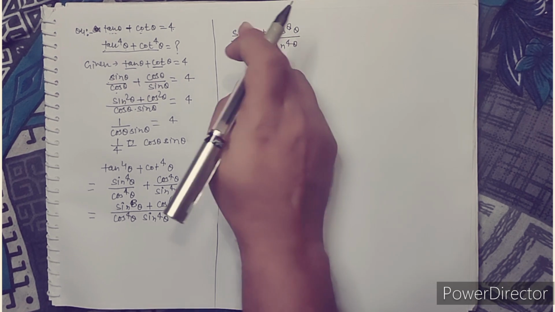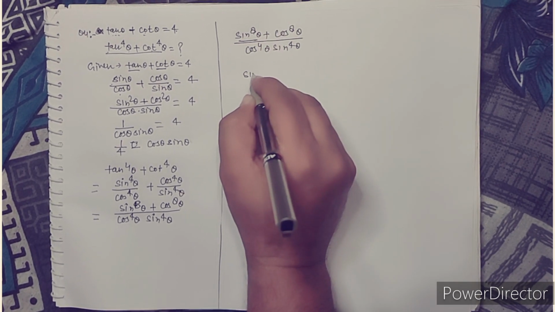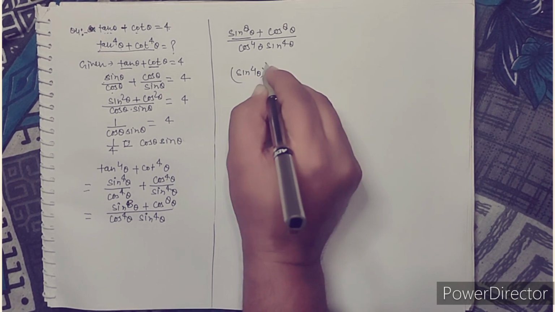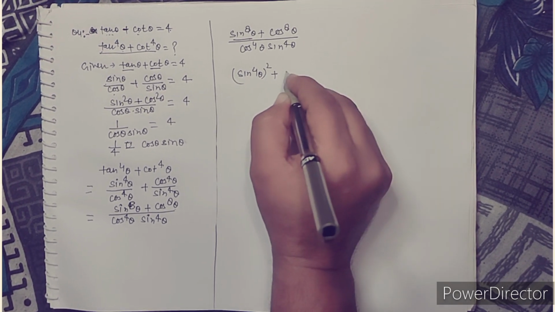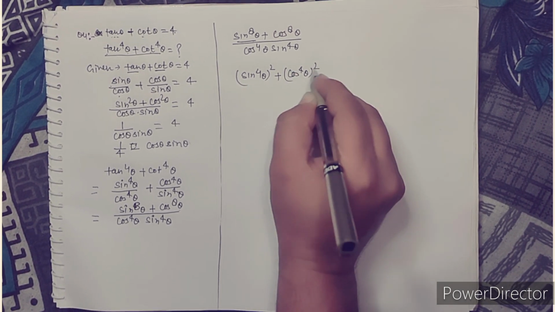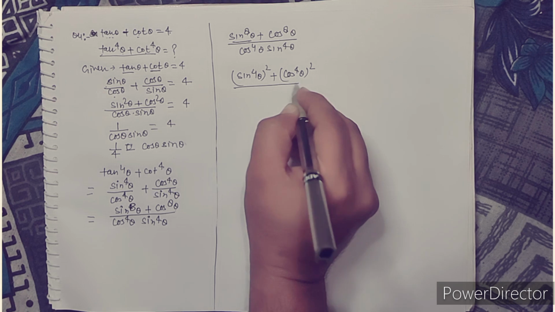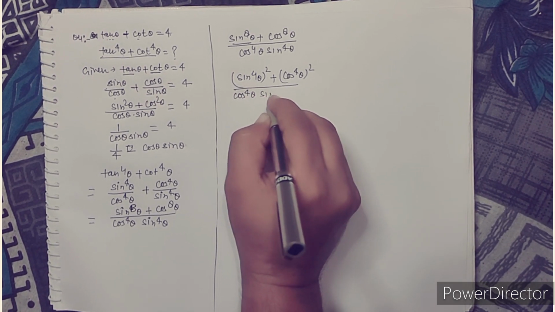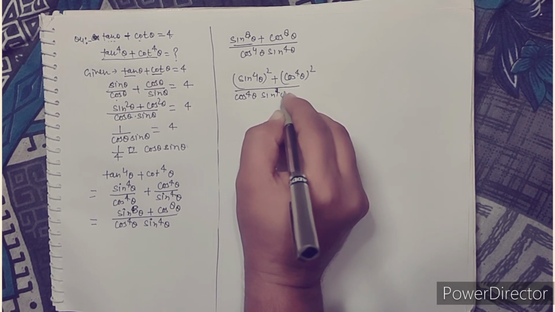We can also mention this in the form of sin power 4 theta whole square plus cos power 4 theta whole square upon cos power 4 theta into sin to the power 4 theta.